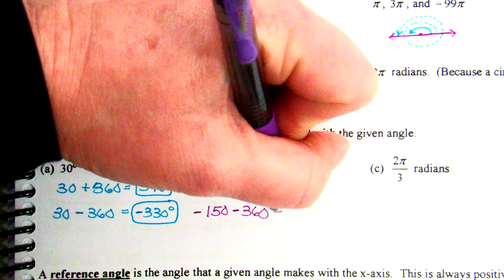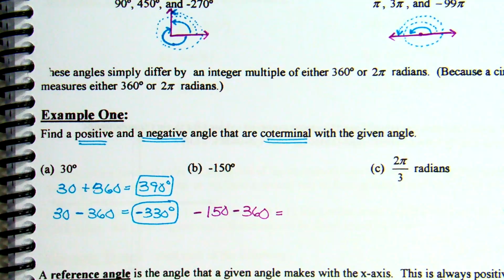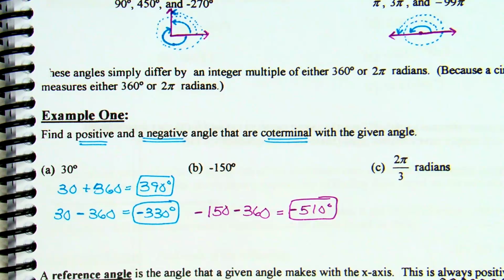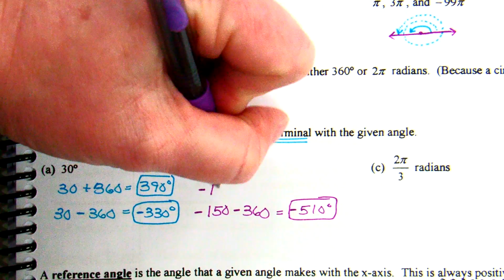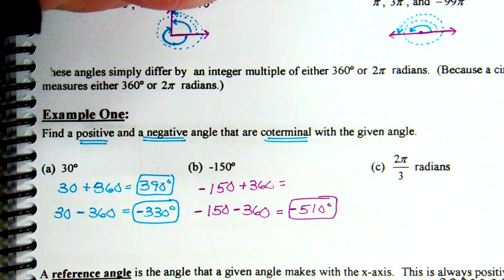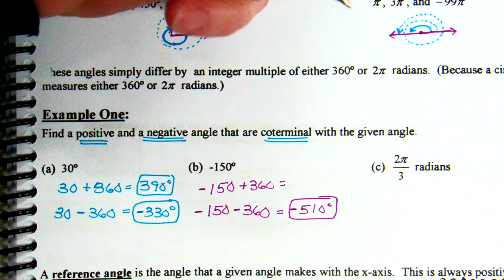Negative 150 minus 360 is going to be negative 510. If you want another negative one, subtract another 360. How do you get a positive one? You take the negative 150 and add 360. Negative 150 plus 360? 210.